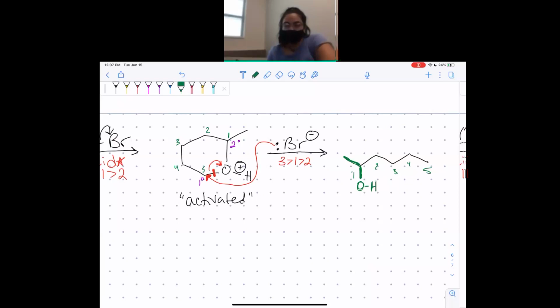Excuse me, guys. So what other substituent are we missing off of this chain? Hint, look at where the nucleophile added.